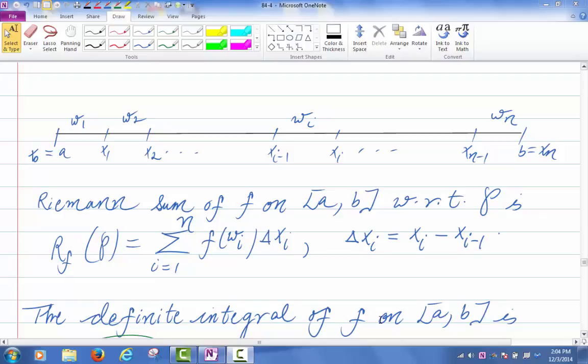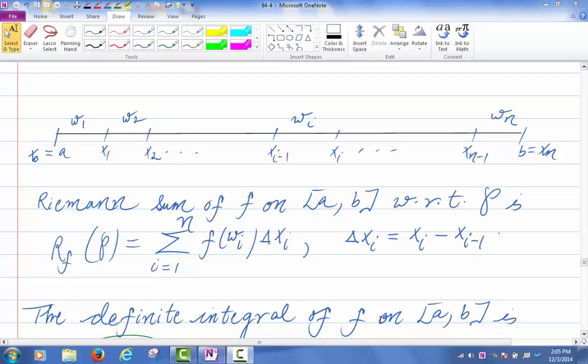So then I get a sum. We call that Rf of p. This is the Riemann sum of f with respect to p. And in summation notation, it is the summation i going from 1 up to n, f of wi times delta xi. What is delta xi?